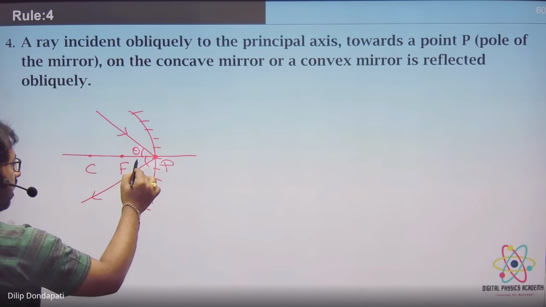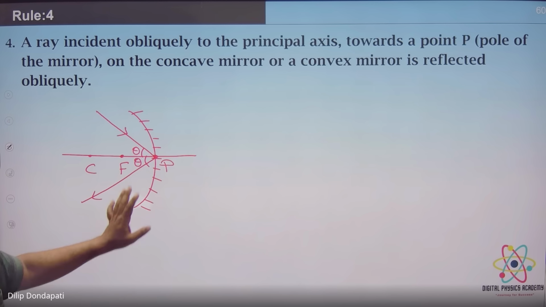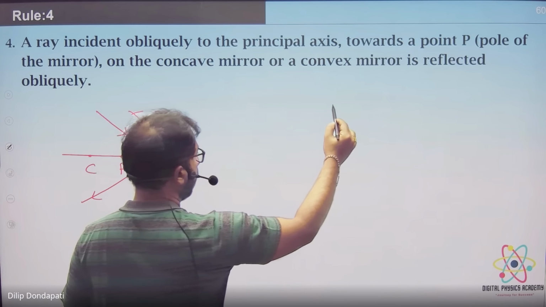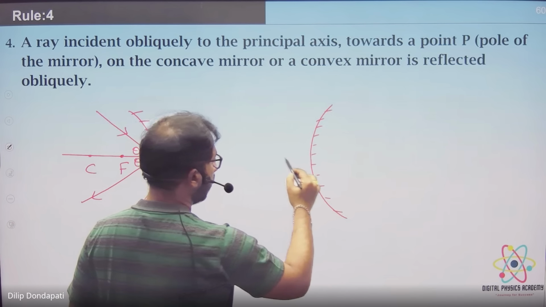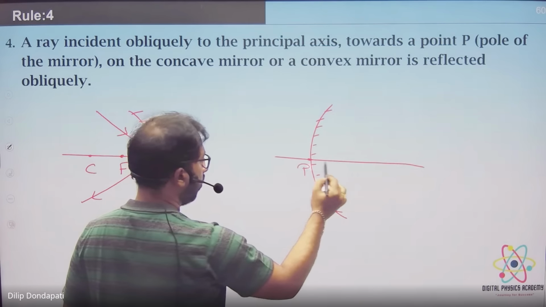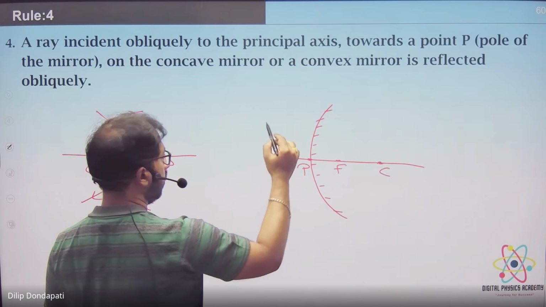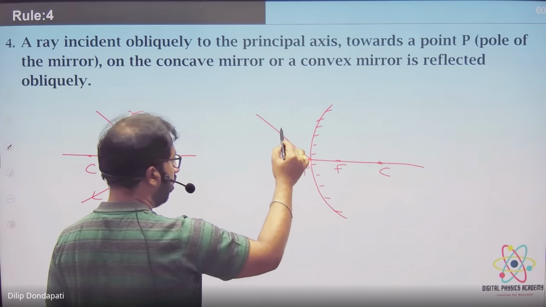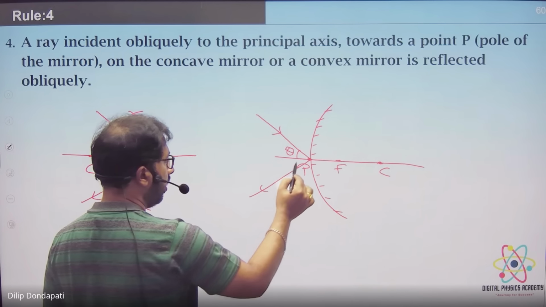Here also देखो, angle of incidence equals angle of reflection. This is the fourth rule, final rule. Similarly for convex, if I incident to the pole obliquely, at an angle theta, it will reflect back obliquely.